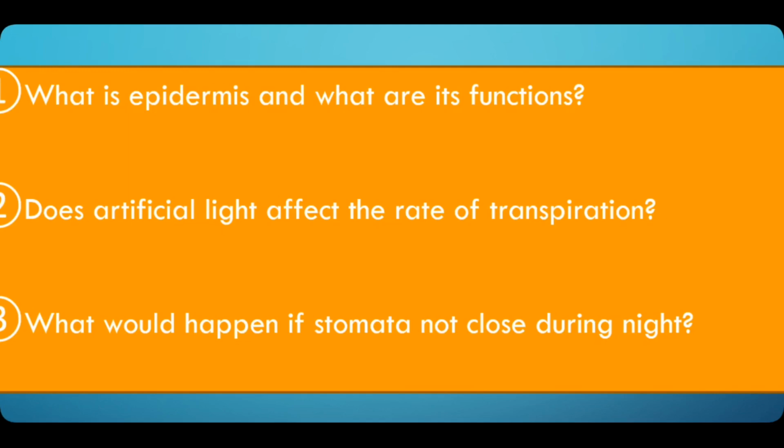But at night, if stomata are open, there can be a leak of water, because there is more water loss. The closing of stomata prevents water from escaping during night time.